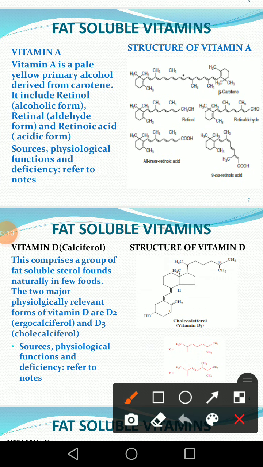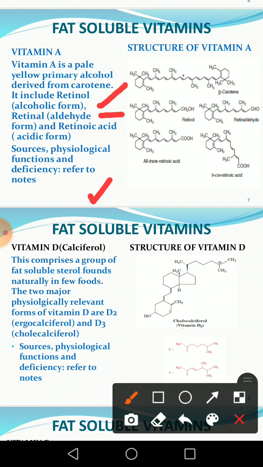Vitamin A is a pale yellow primary alcohol derived from carotene. It includes retinol, that is its alcoholic form, retinal, that is its aldehyde form, and retinoic acid, that is its acidic form. Sources, physiological functions and deficiencies are discussed in detail later on.